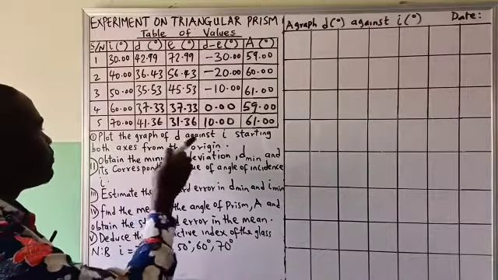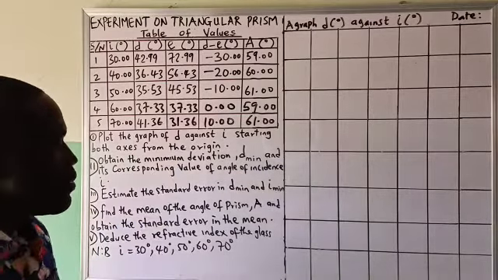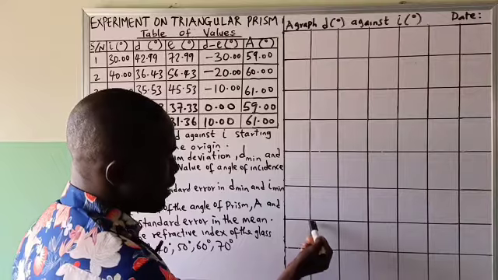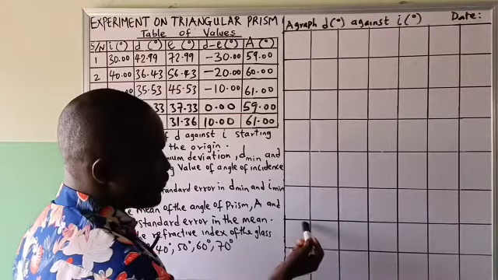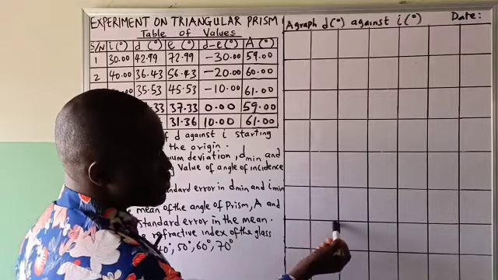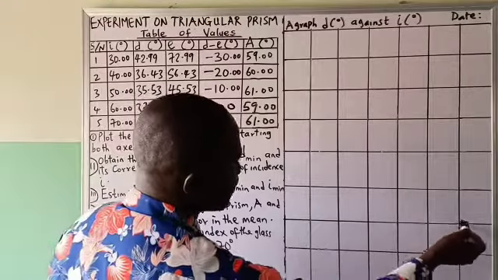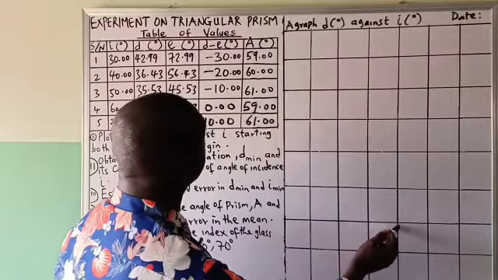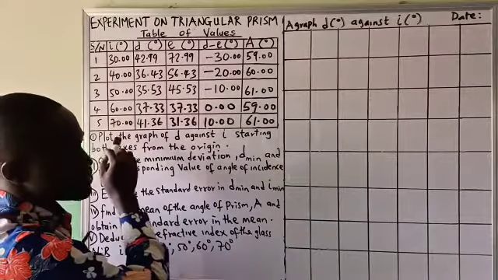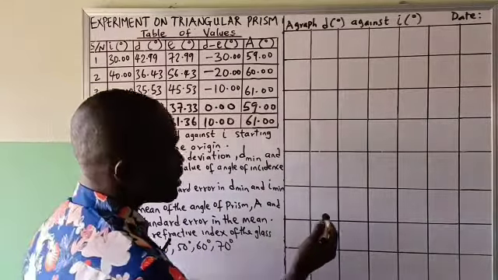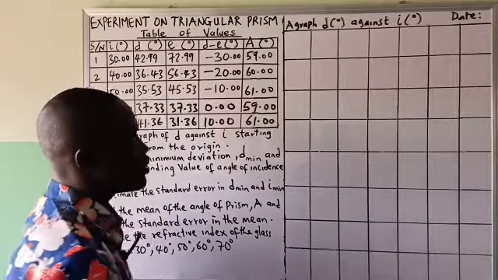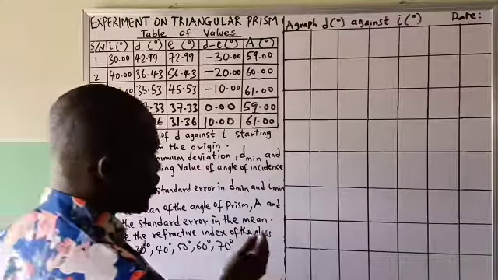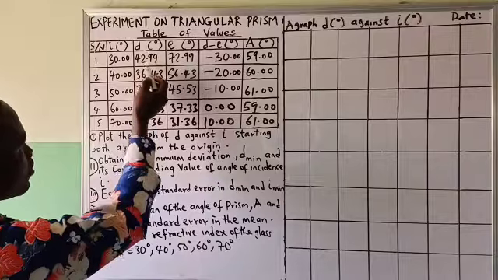Then they say we should start both axes from the origin. Please, if you start by writing origin O here, and then 10, 20, 30, 40, 50, and so on, you will notice that you will have wasted space because you only start from 30 in the I part. So for me to start from the origin, see what I will do now. I'm plotting a graph of D against I. D goes this way.